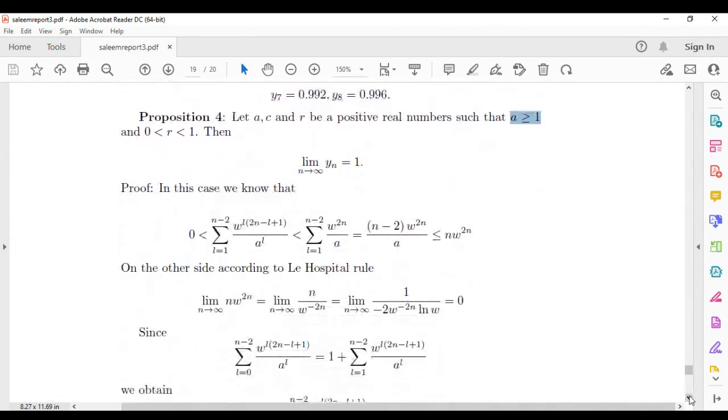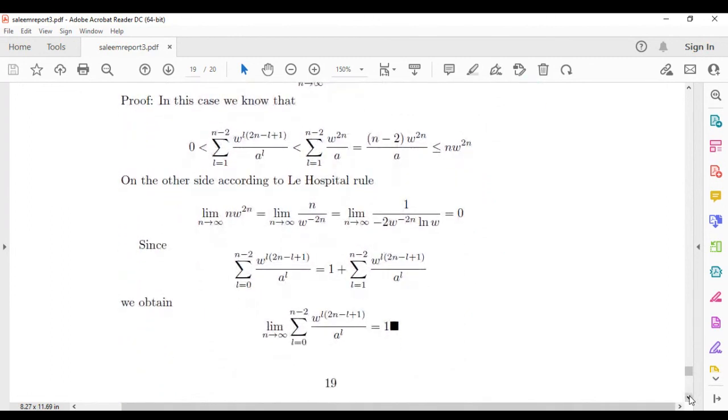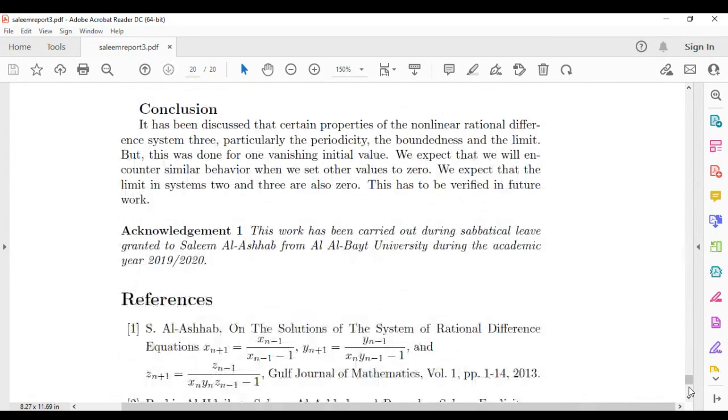Of course, using L'Hopital's rule and some calculations with these summations, and you can follow all these calculations in the paper.